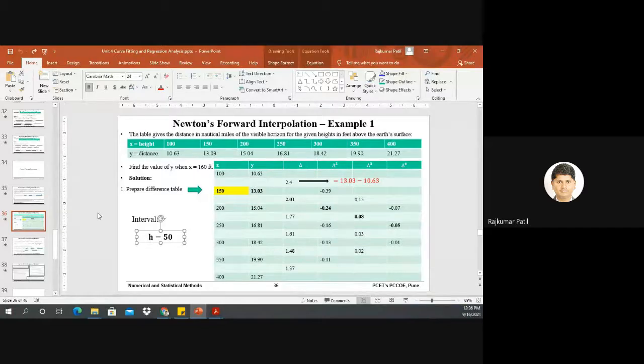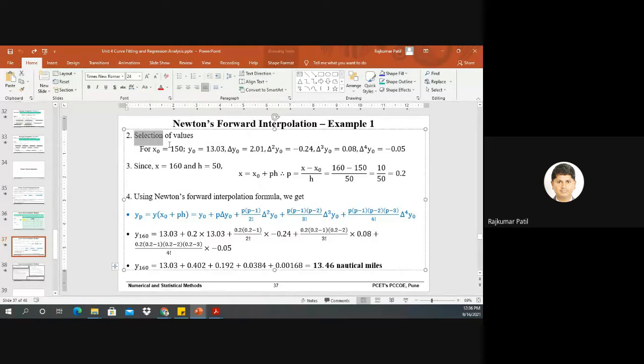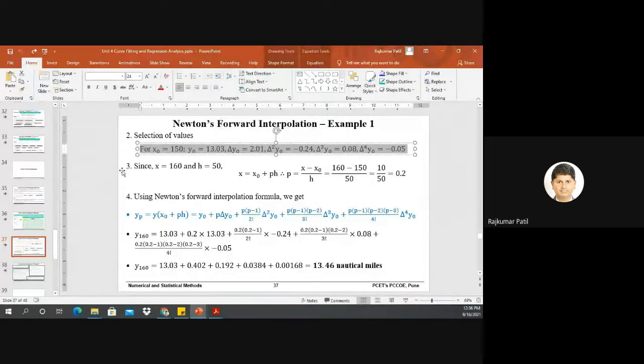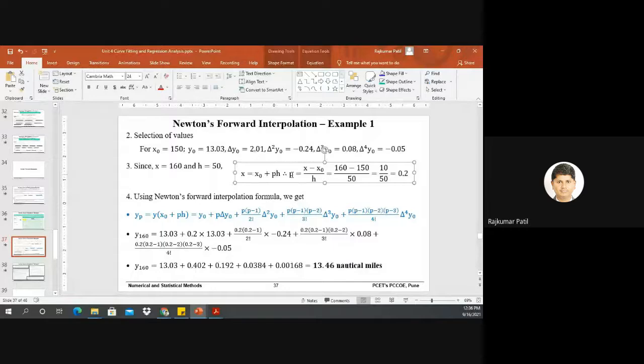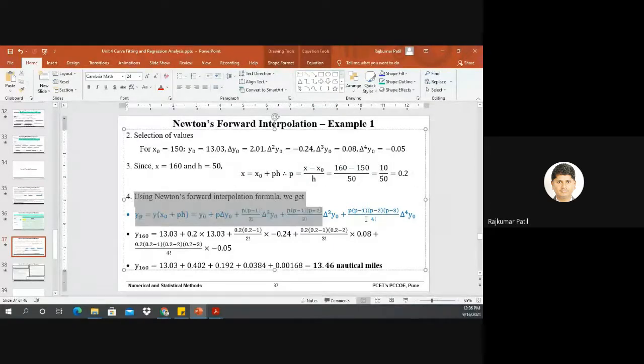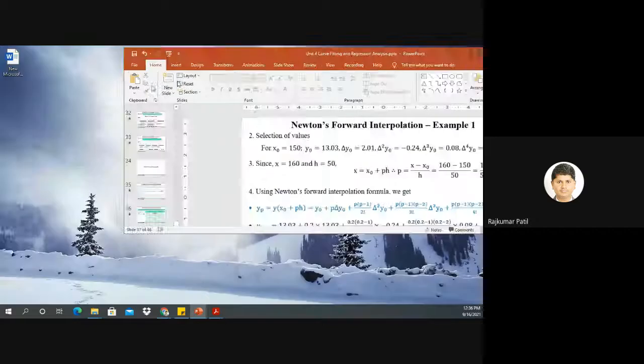We took the value for h. Then we selected the values and assigned the notation to them, so that we avoid confusion. We also calculated the value of p, and then we used the Newton forward interpolation formula. We put all the values and calculated the solution. So this is very important.